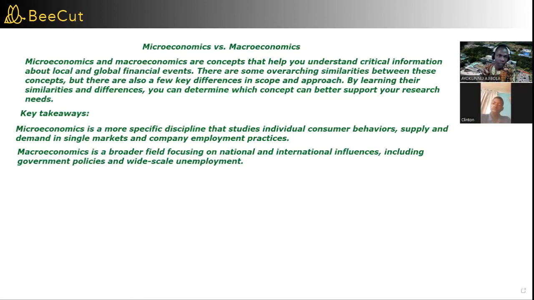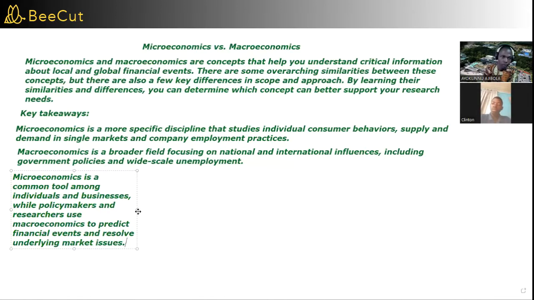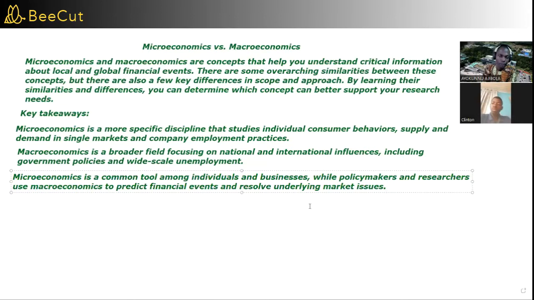The third point here is microeconomics is a common tool among individuals and businesses, but policymakers and researchers actually make use of macroeconomics to predict financial events and solve underlying market issues.